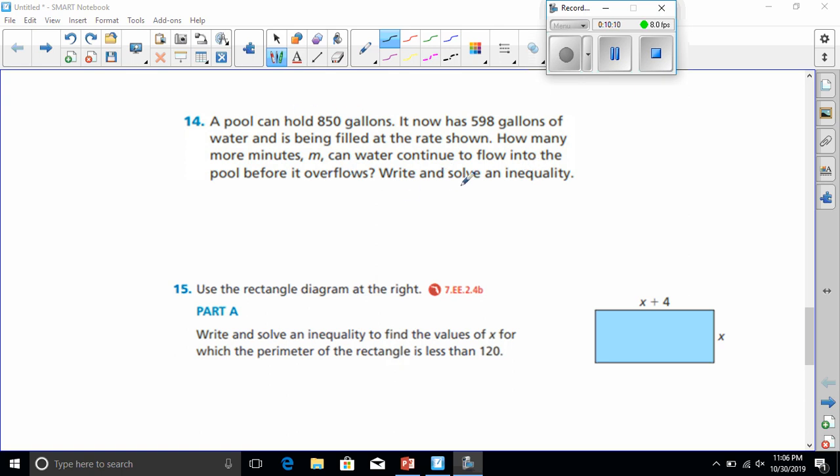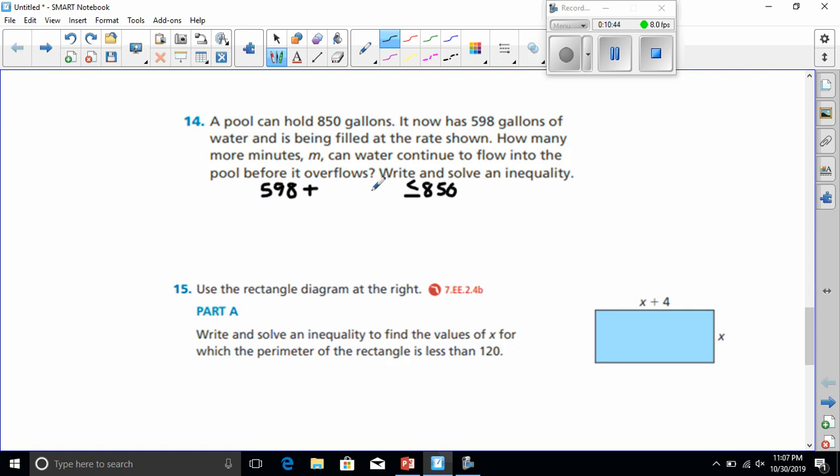If it can hold 850, that means it has to equal 850 or be less. It says it now has 598, so 598 is going to be added to something. We have to figure out how many more minutes.